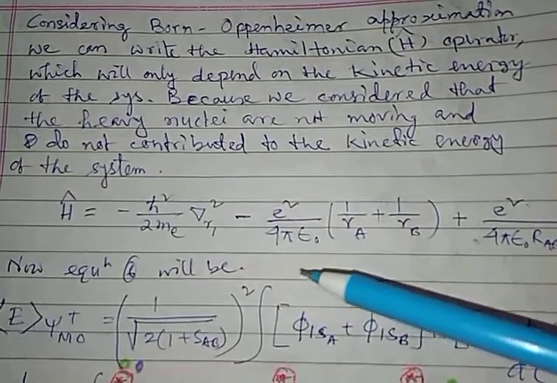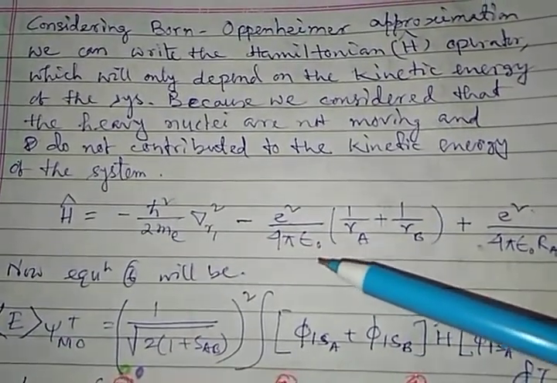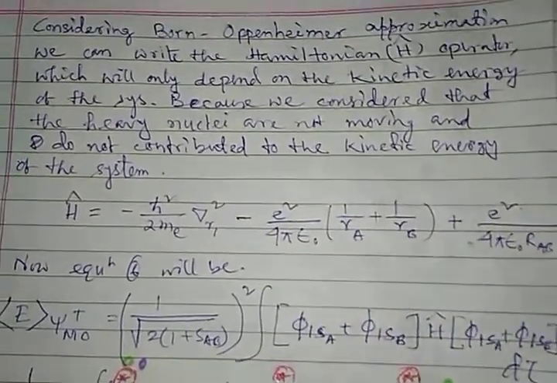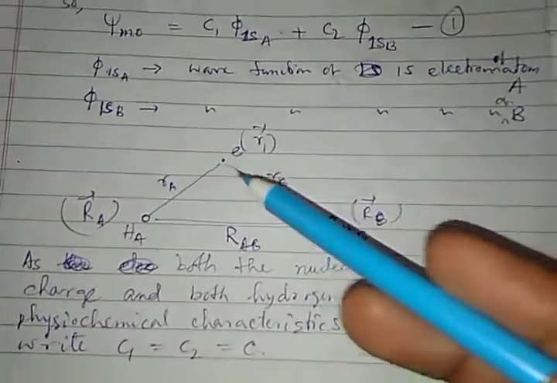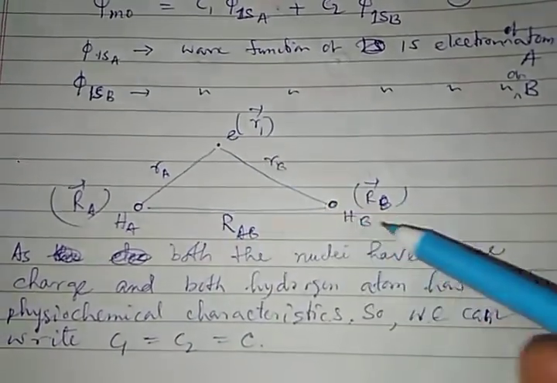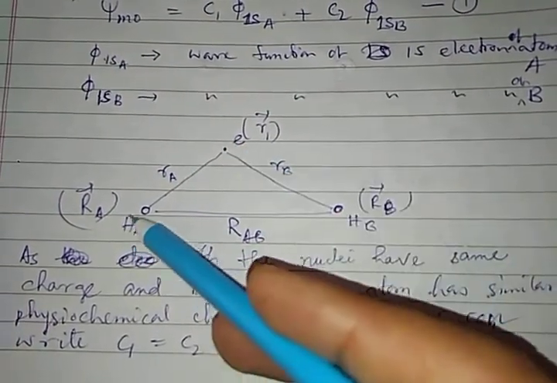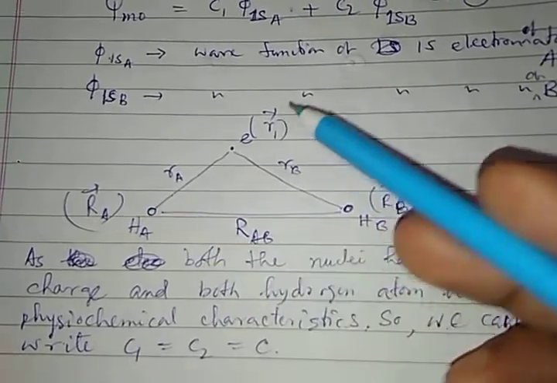Now the second term will be your potential energy term due to the electrostatic attraction force acting between the electron and the two nuclei. That is one attractive force, that is another attractive force. So between this electron and nucleus A, there will be an attractive potential energy.